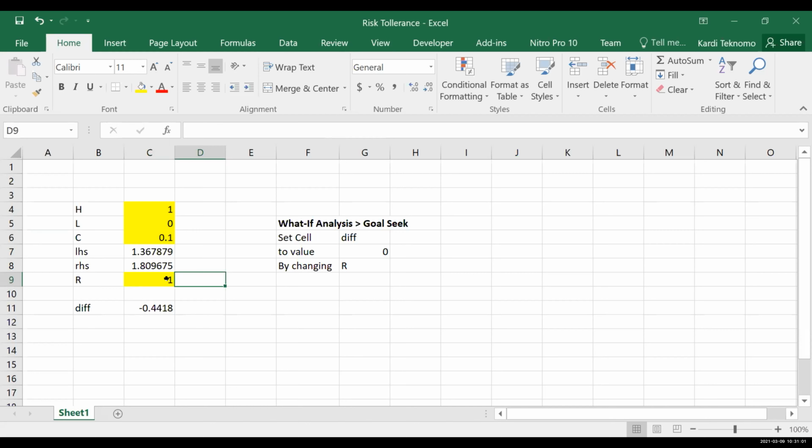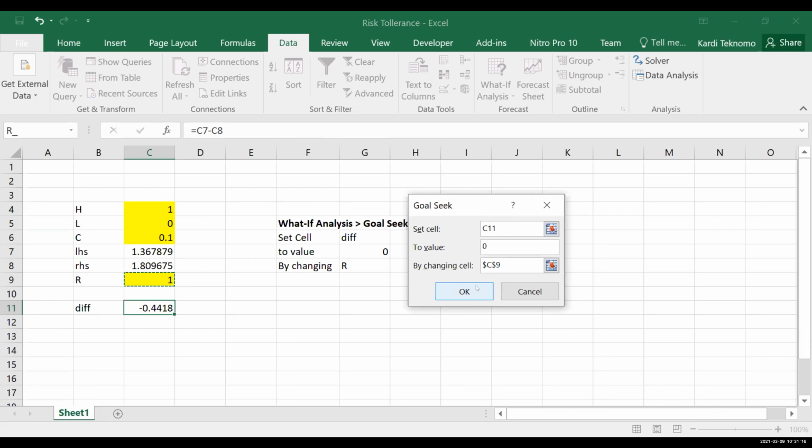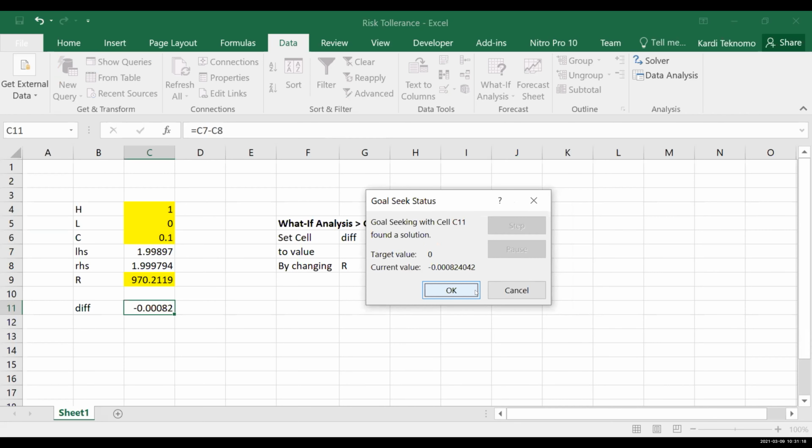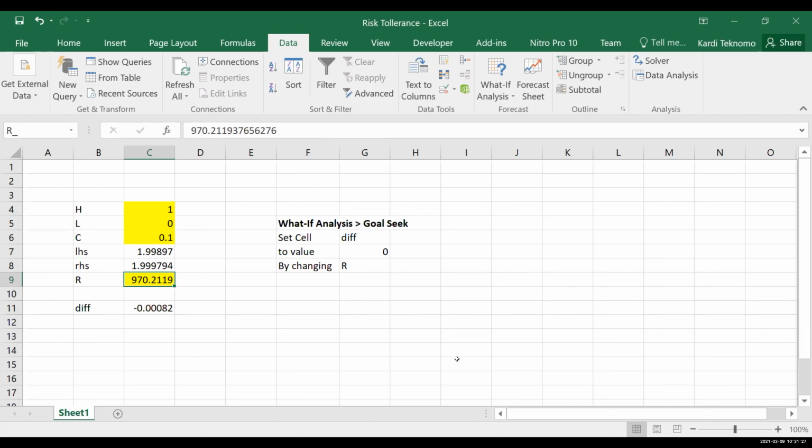So this is the difference, right? If I put R as 1, I will get this difference. So I use Data, What-If, Goal Seek. Now I make the difference into 0 by changing the R. Okay, so I got R equal to 970. Can you see that?